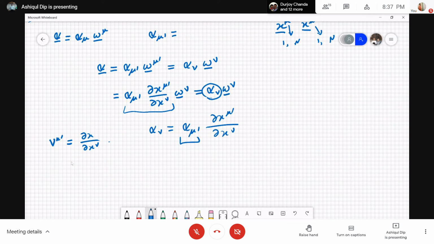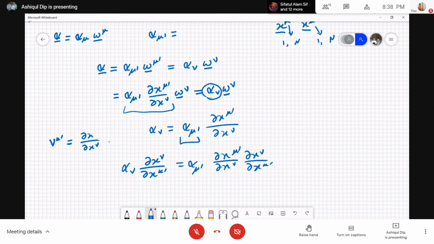Multiply both sides by ∂x^ν by ∂x^κ′, giving α_ν ∂x^ν/∂x^κ′ equals α_μ′ ∂x^μ′ by ∂x^ν by ∂x^ν by ∂x^κ′.